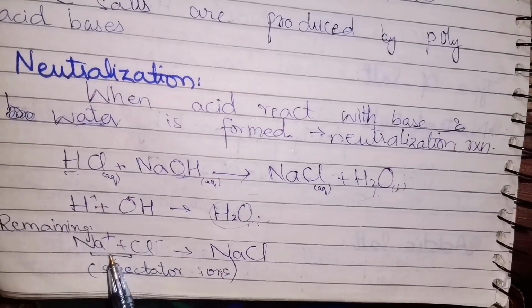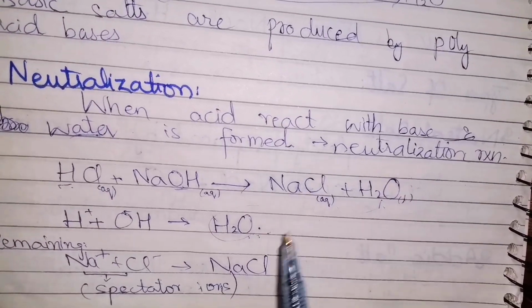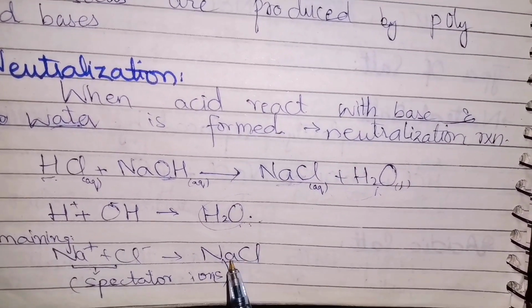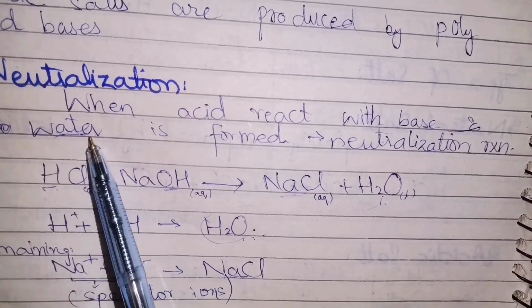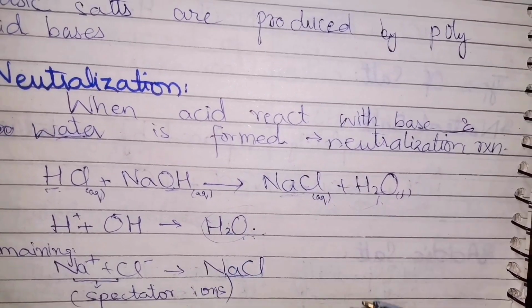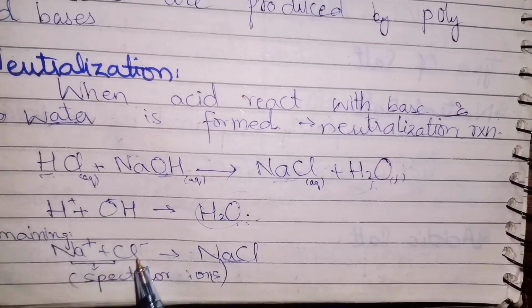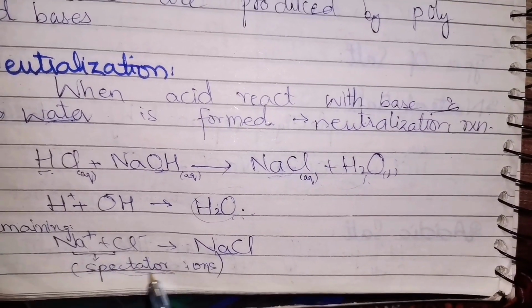So when Na positive and Cl negative react together, they form NaCl, right? See over here, NaCl. So NaCl is formed. Now the main thing was water. Water was formed. Now whatever salt is being produced, the ions of that salt will be known as spectator ions.